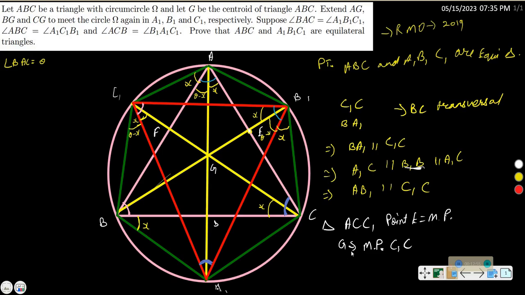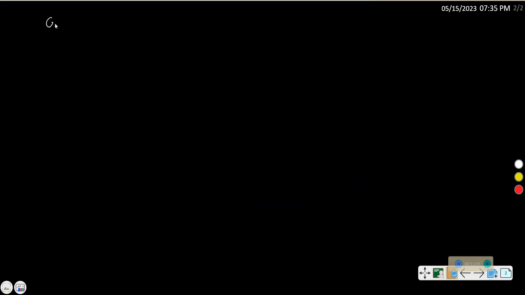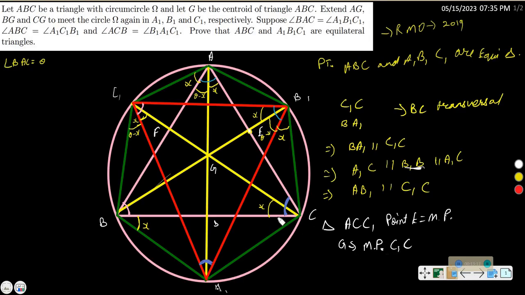So if G is the midpoint of C1C, G has to be the midpoint of B1B and A1A.